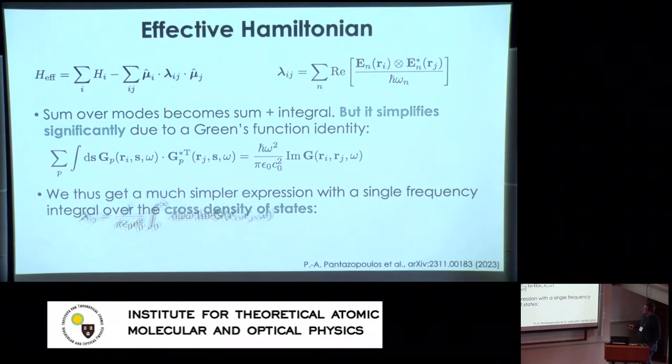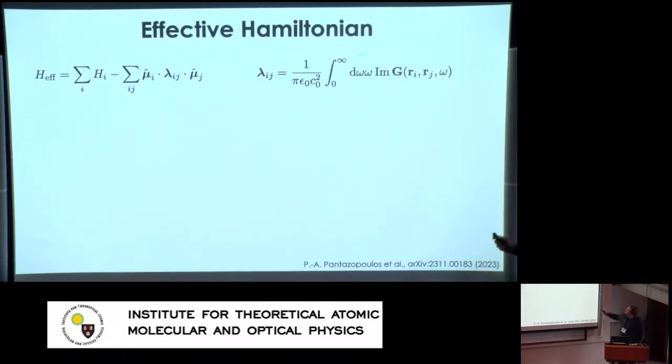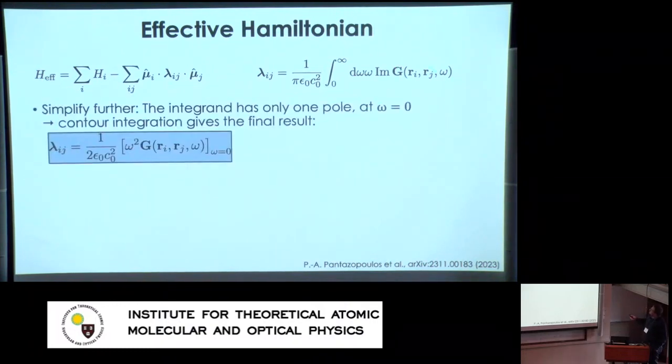Okay. So now I have this integral that, you say, okay, this is maybe much simpler than what we used to have, but not completely trivial. But then we realize, well, we actually know, completely generally, that the only pole of this integrand, omega times the imaginary part of the Green's function, is at omega equals 0. So I can perform this integral analytically with contour integration, and I get back a final result that is exactly simply electrostatics.